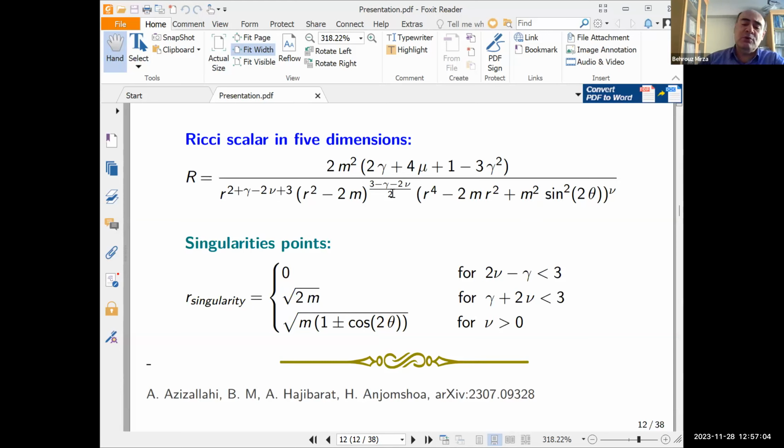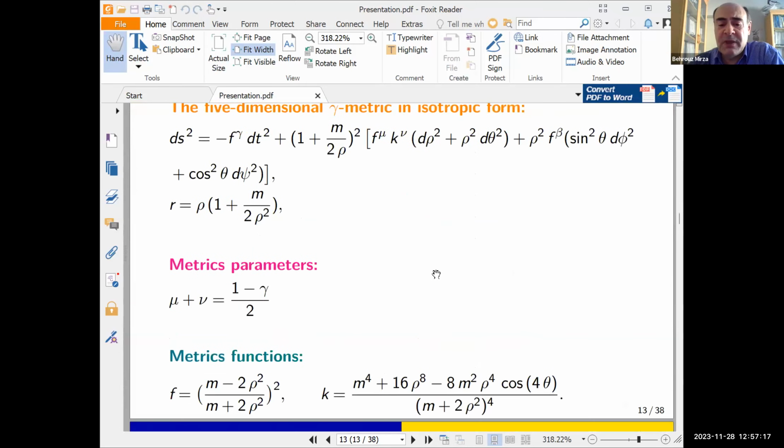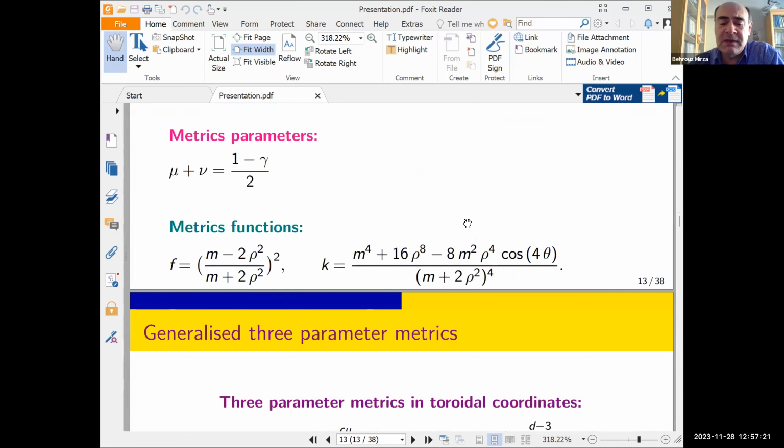Here, we don't need to use the Kretschmann scalar, which has a very large form. However, the Ricci scalar is very simple, and we can find all singularities. The isotropic form can be written easily as follows, as you see.